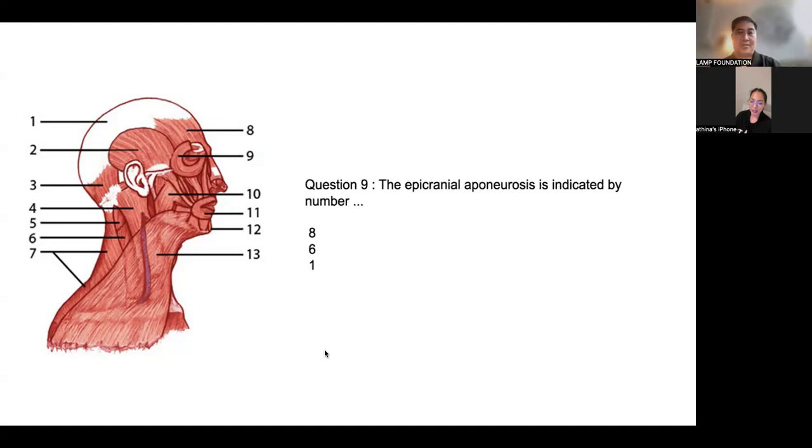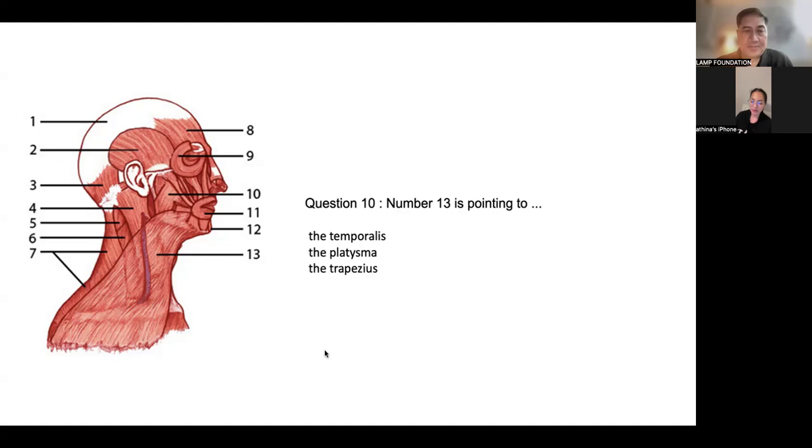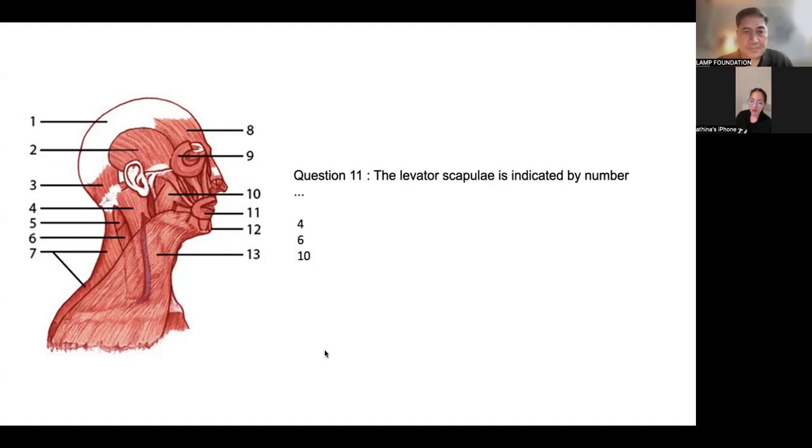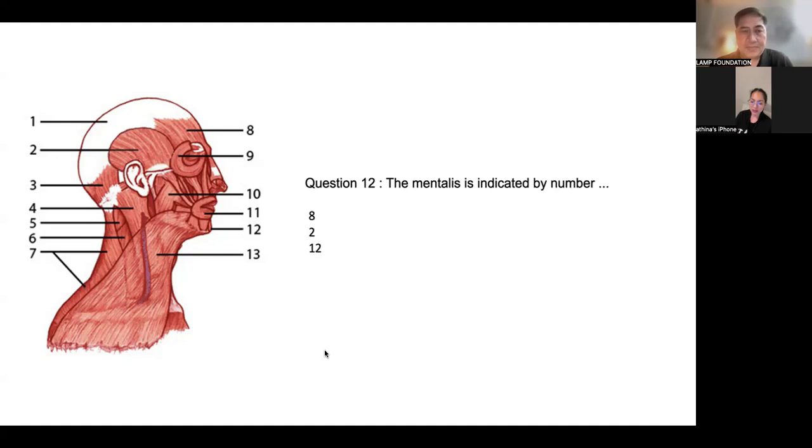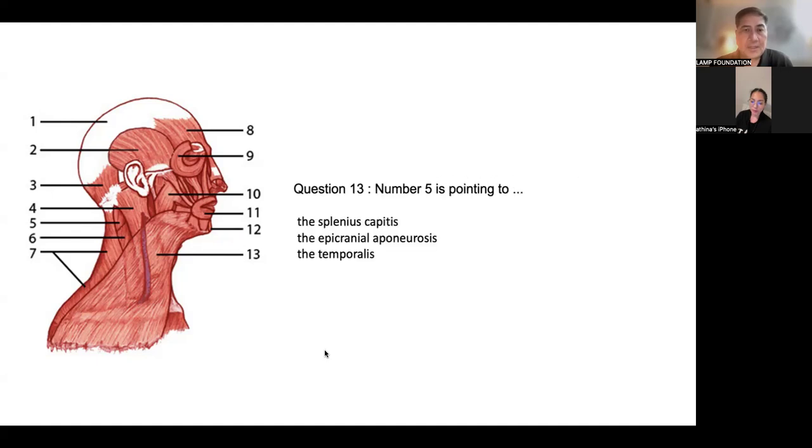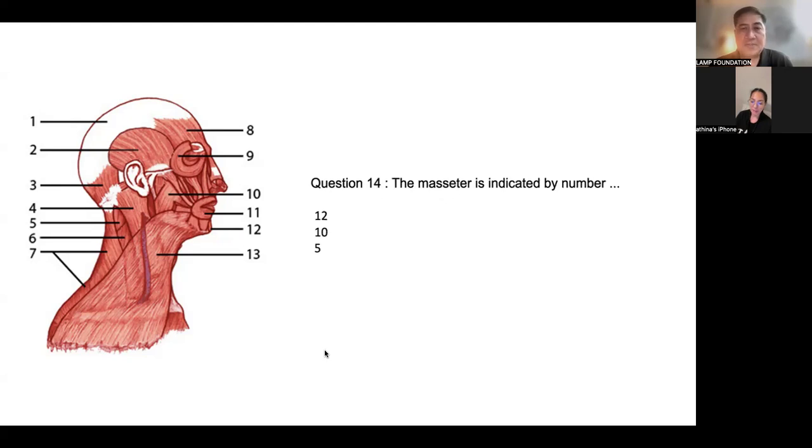Epicranial aponeurosis, number 1. Number 13, it's the platysma. Levator scapulae, that's number 6. Mentalis, that's number 12. Number 5, it's the splenius capitis. The masseter, it's number 10.